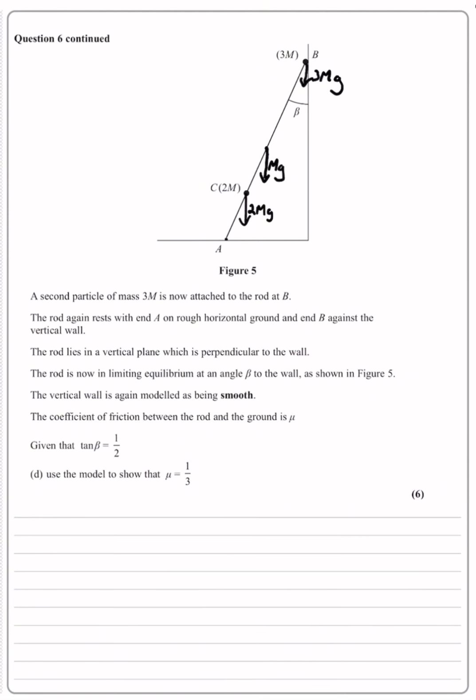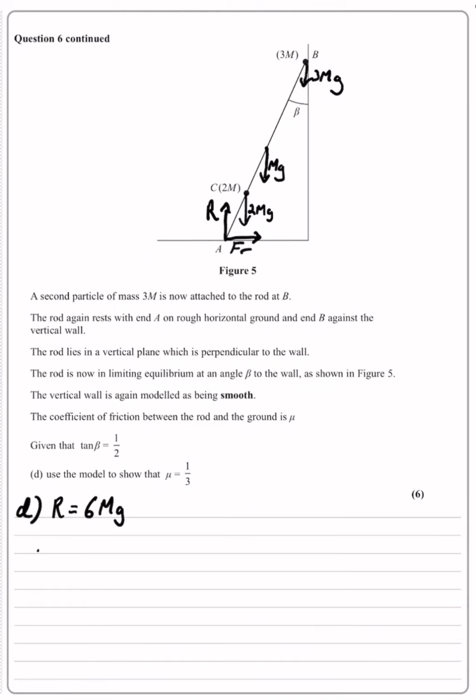So the wall at B has gone smooth again, so there's no forces acting up or down there. We're going to have a frictional force, which is at limiting equilibrium at A, pointing towards the wall, and the normal reaction force. Resolving vertically, the normal reaction force will be the 3 downward forces added together, so 6mg.